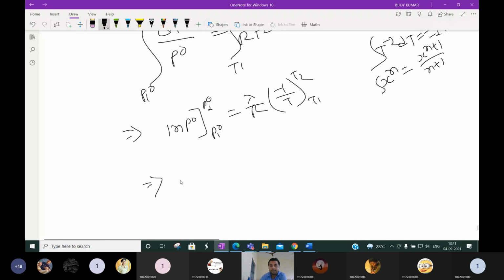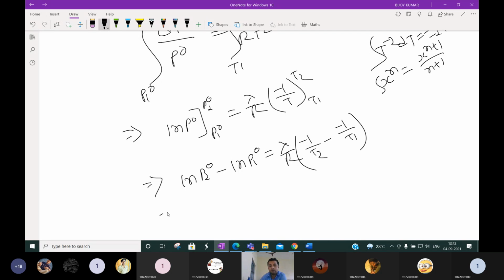Then if you put the limits, it will be ln of P20 minus ln of P10 equal to lambda by R, first we put 1 by T2, minus 1 by T1.